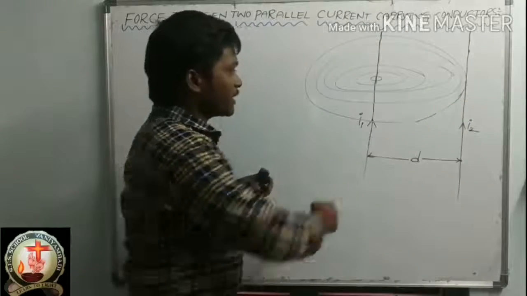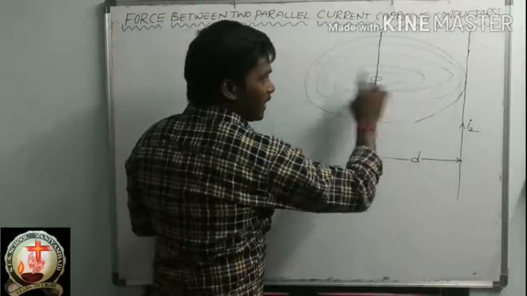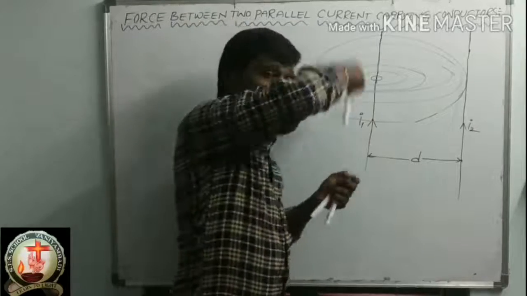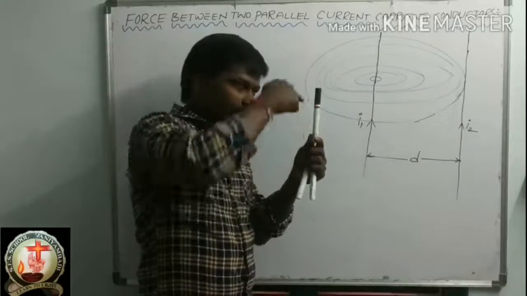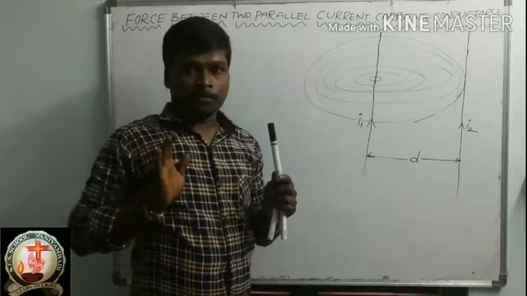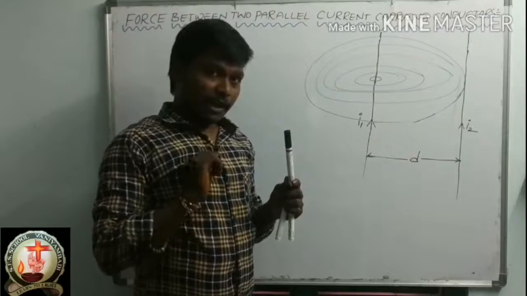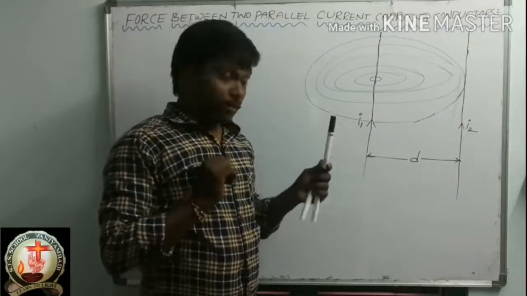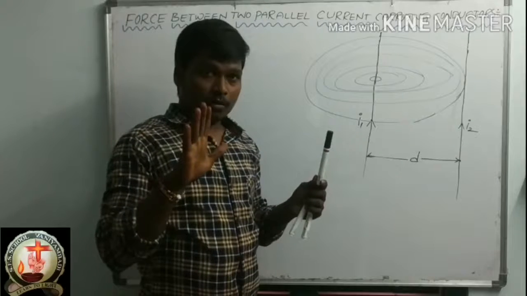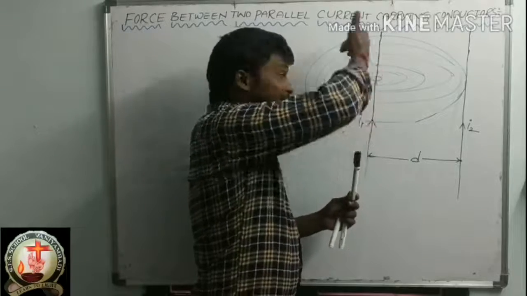Suppose this is the current carrying conductor. Around this region, it will produce a magnetic field. So we have to find the magnetic field direction. We know how to find it based on the right hand rule. What is the current direction in this conductor?